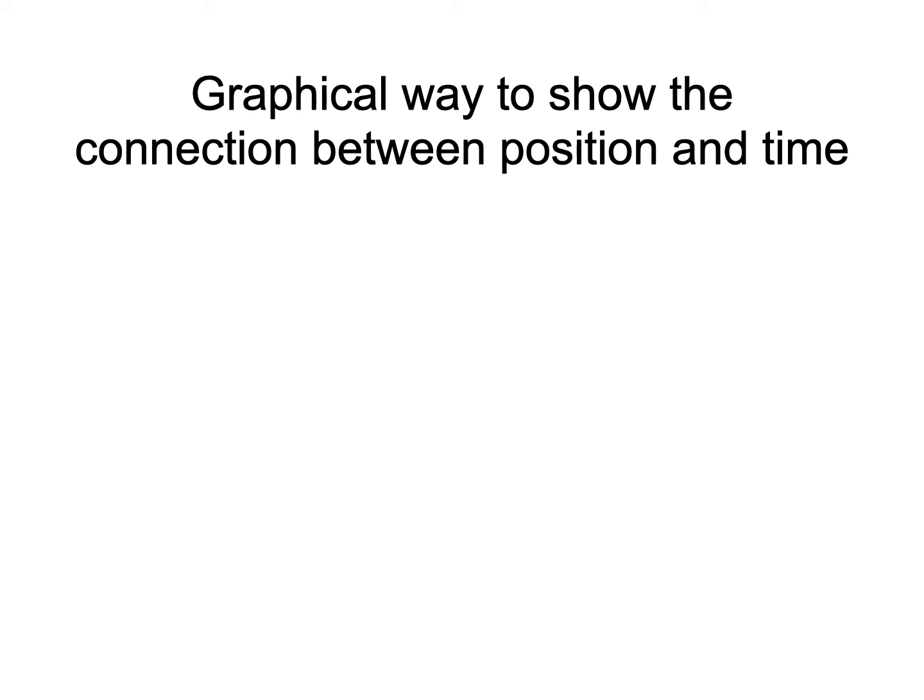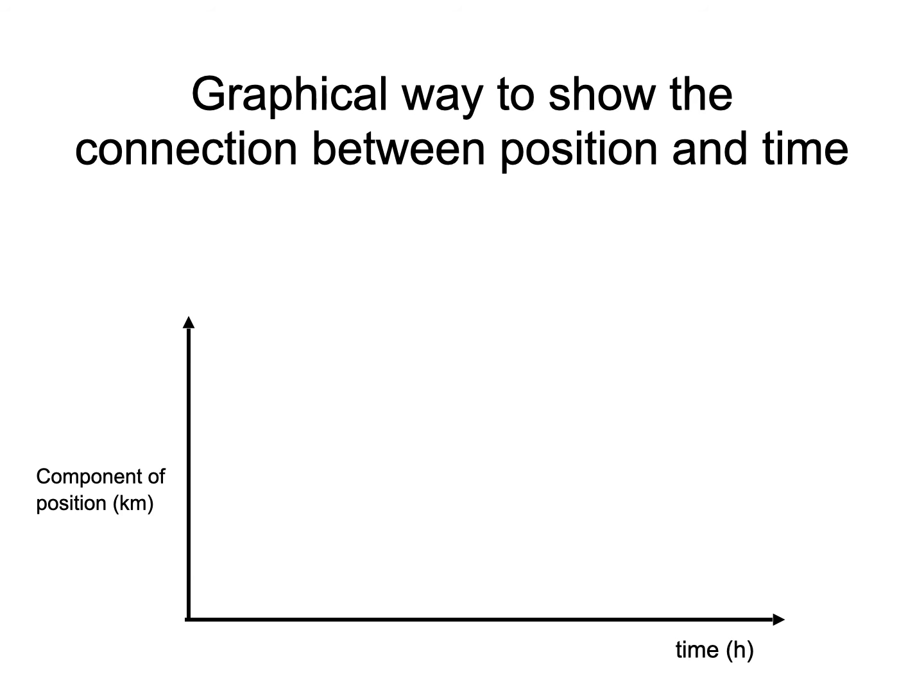There is another way to provide information about where an object is as a function of time. You can make a graph of the function. The horizontal axis is for the independent variable, which here is the time, and the vertical axis is for the dependent variable, which is the x component of position when it is the only component of position.